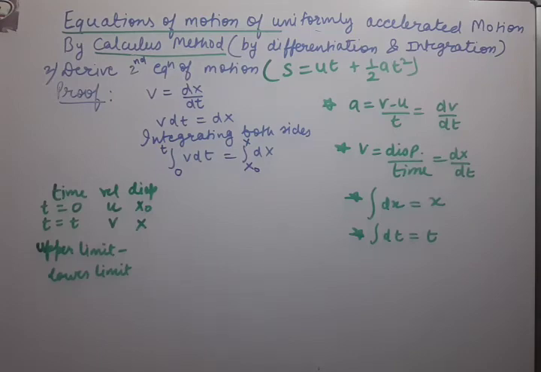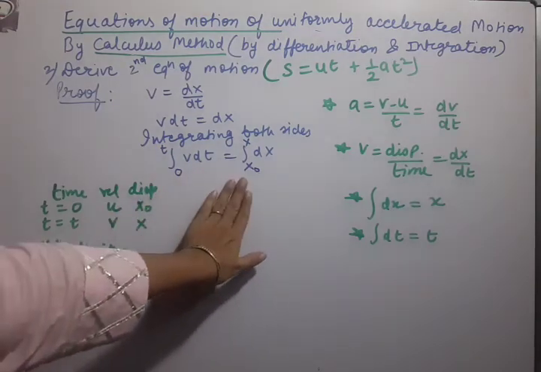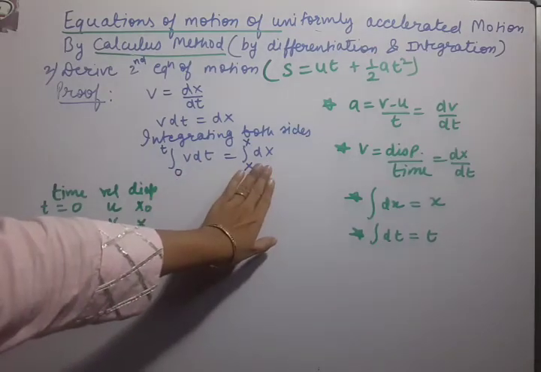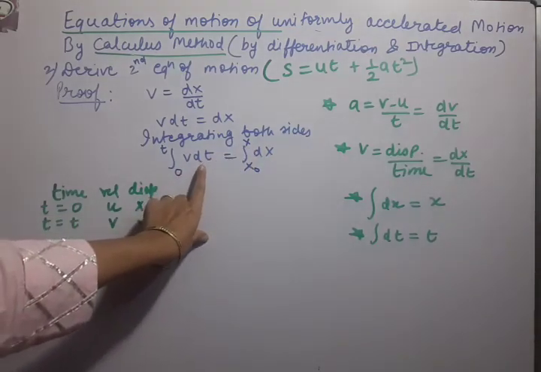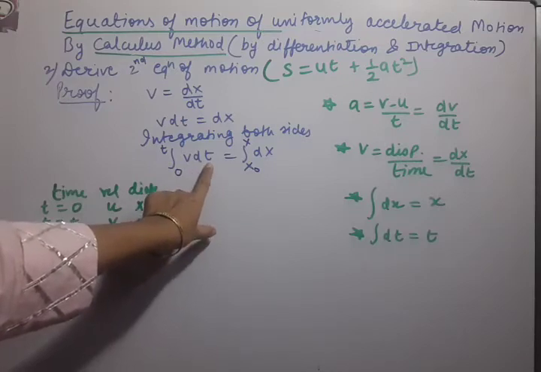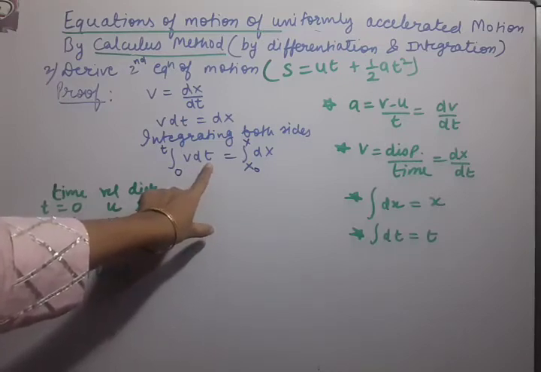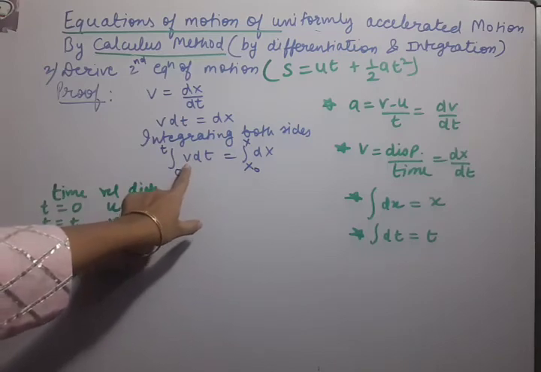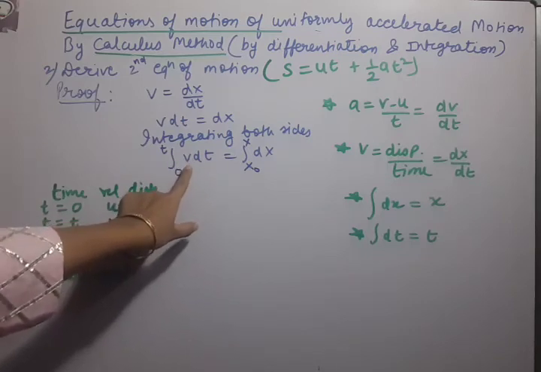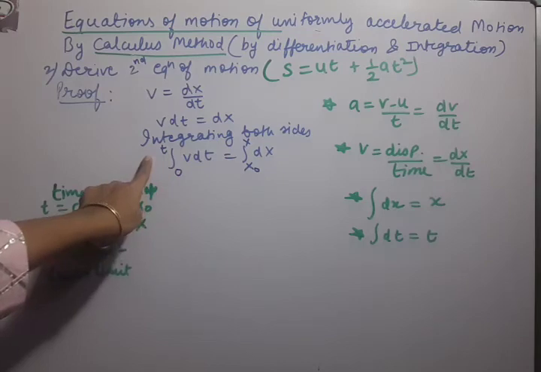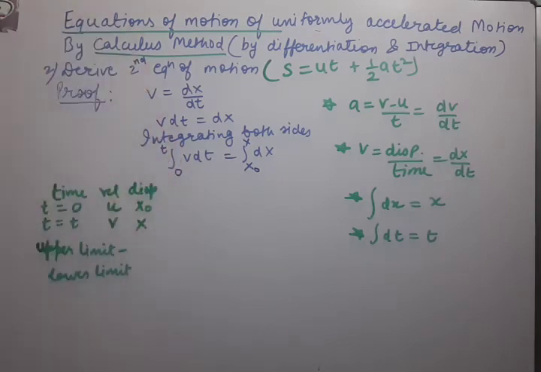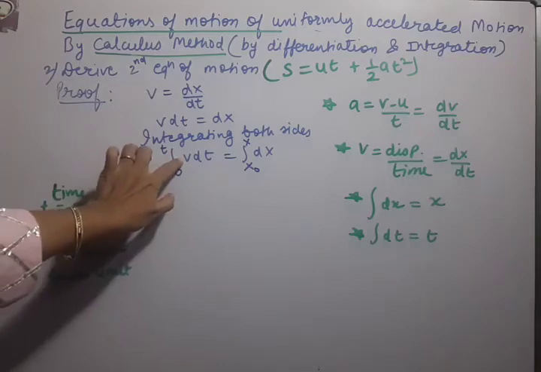Now limits are also prepared, integration is also prepared. Now see, integration is taking place here with respect to time, but we have the velocity term v. Now should we take it out? It is decided by this: is this velocity constant? Okay.